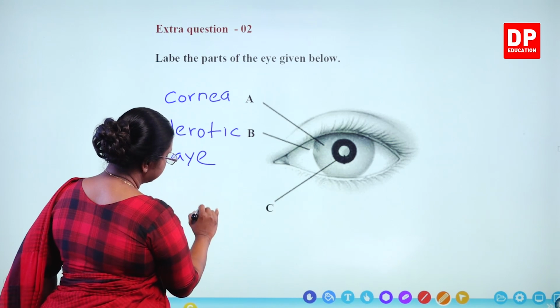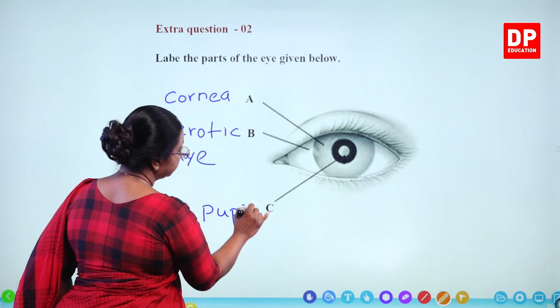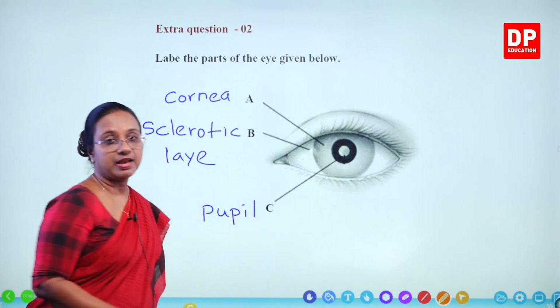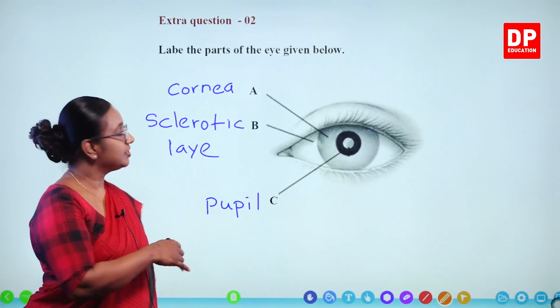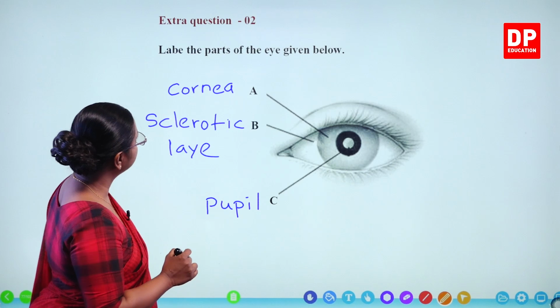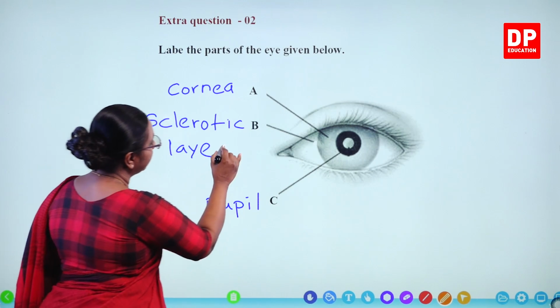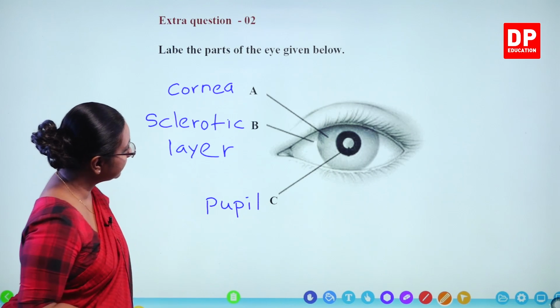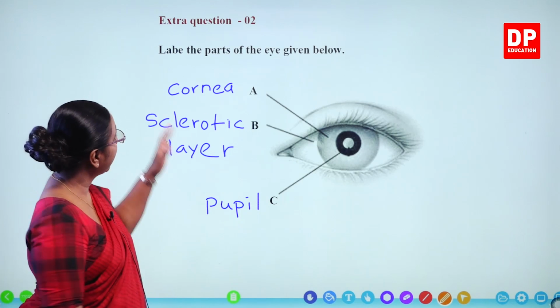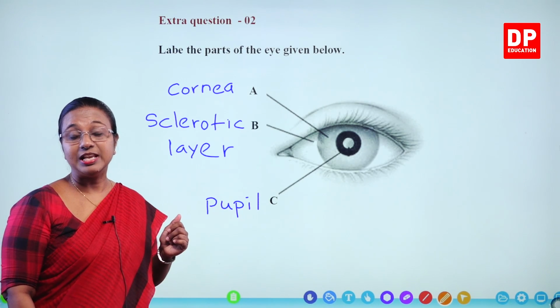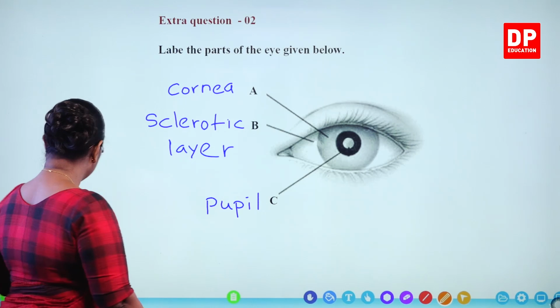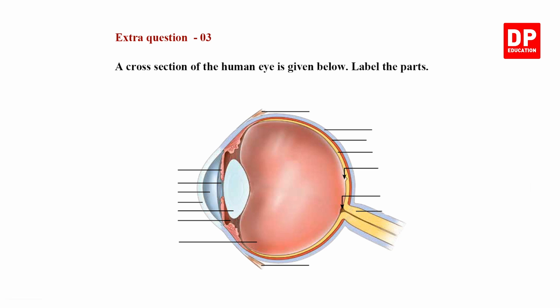And C is the pupil. That is inside, you can see the pore. So, here students, we have to label the parts of the eye. You can see A is cornea and B is sclerotic layer and C is the pupil of the eye. I am sure you were also able to label them correctly. With that, I will move on to the next one.